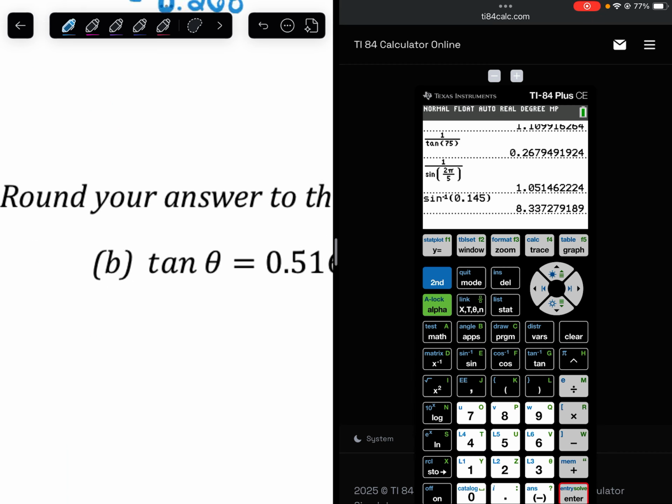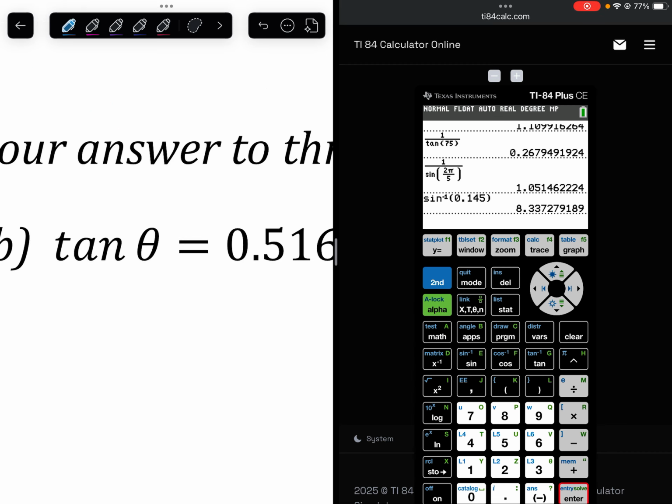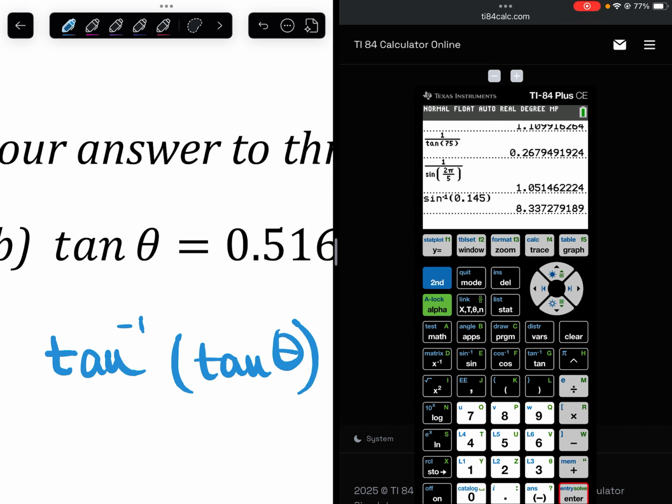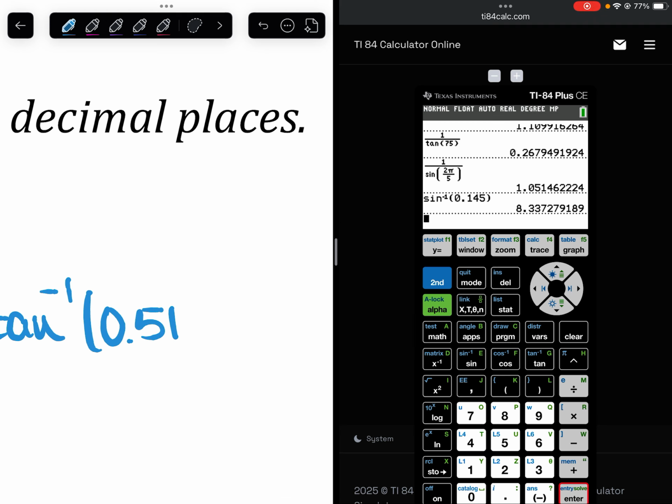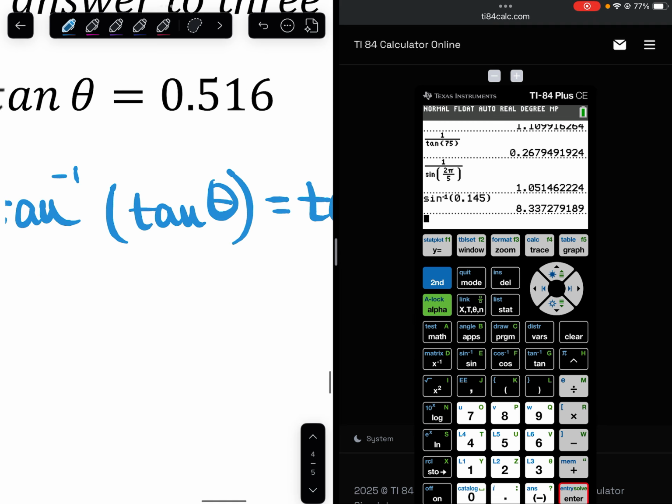So to undo tangent, we use inverse tangent. So I'm going to inverse tangent the left. Well, if I did it on the left, I've got to do it on the right. So I'm going to do inverse tangent of 0.516. Again, we're just going to stay in degrees.